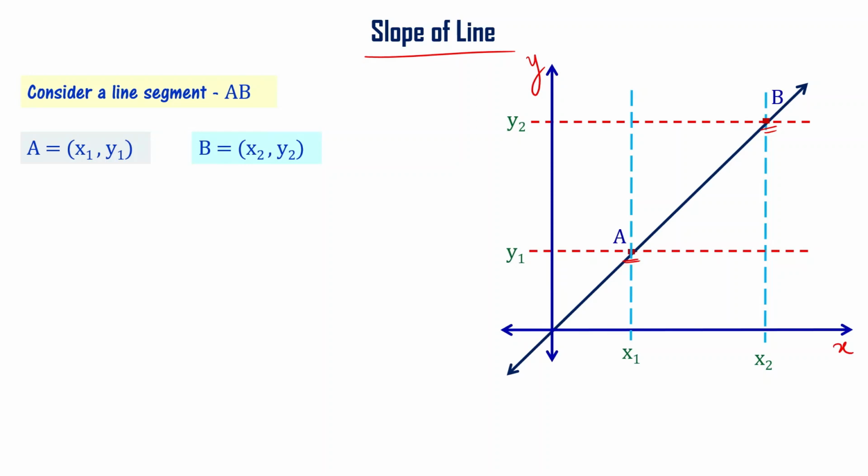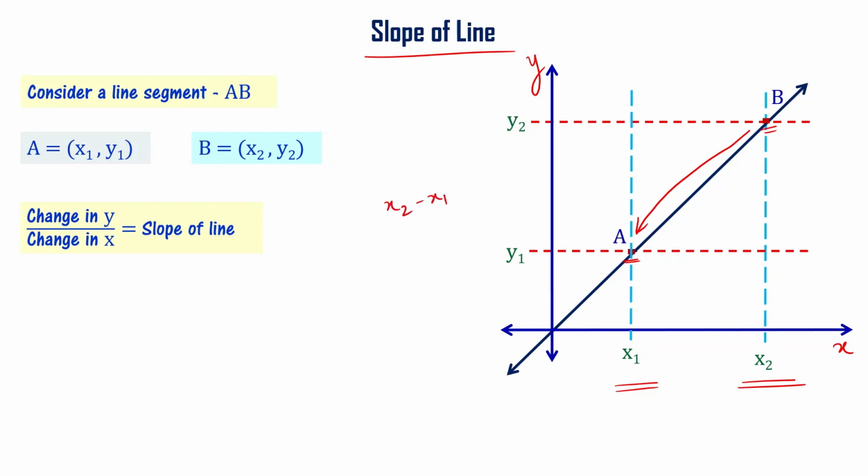Right? Slope of the line is in general defined as change in y divided by change in x. Okay. For example, let's say I have moved from x2 to x1. Meaning B to A, if I am moving from B to A, what is the change in x? That is x2 minus x1, right?